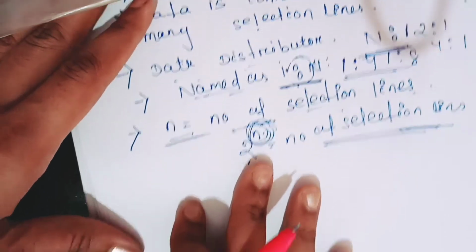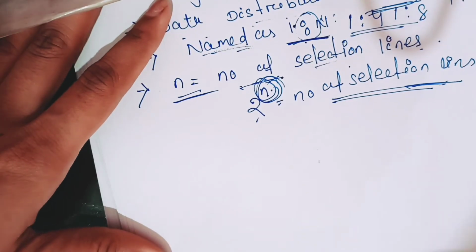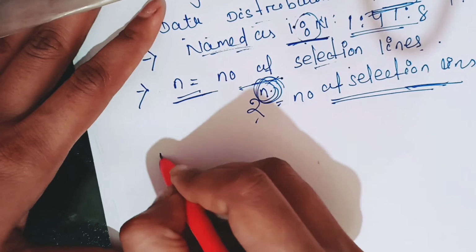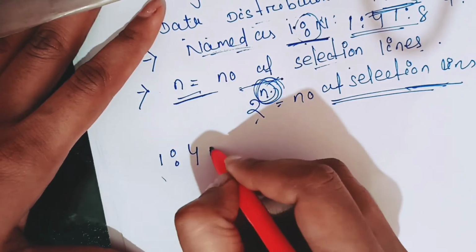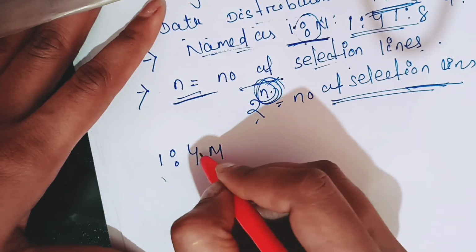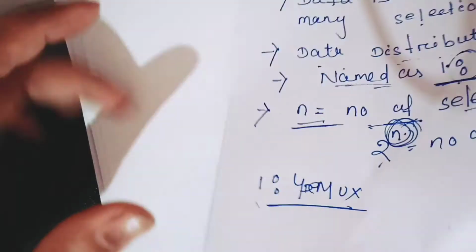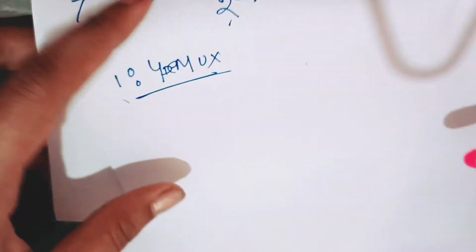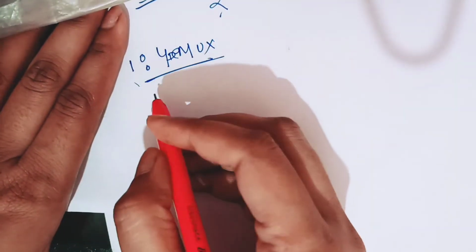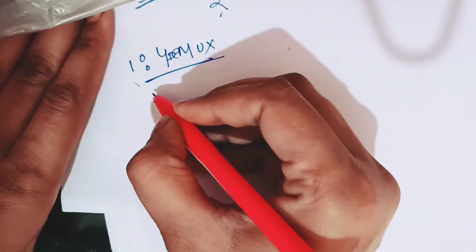Now consider the 1:4 DMUX. Here we have one input and four outputs. How do we draw this?